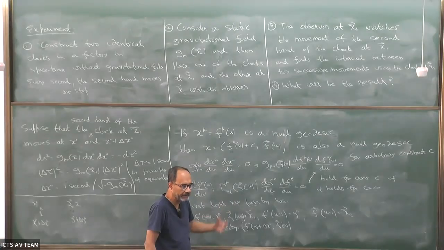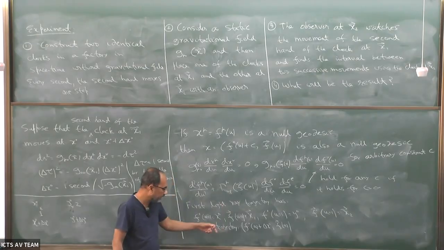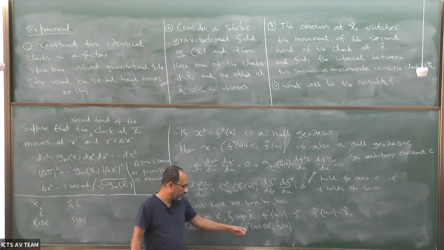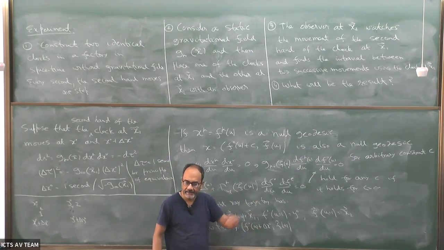I can take c to be anything that I like. Let's take c equal to delta x naught, because the claim will be that this is the trajectory. This is of course a null geodesic, because the original was a null geodesic. And the claim will be that this is the one which describes the second ray.